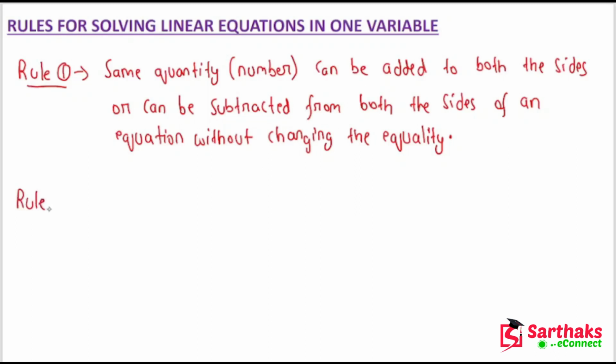This rule actually talks about two things, addition and subtraction in one rule. Similarly, there is a rule number 2 which talks about multiplication and division with the same quantity.